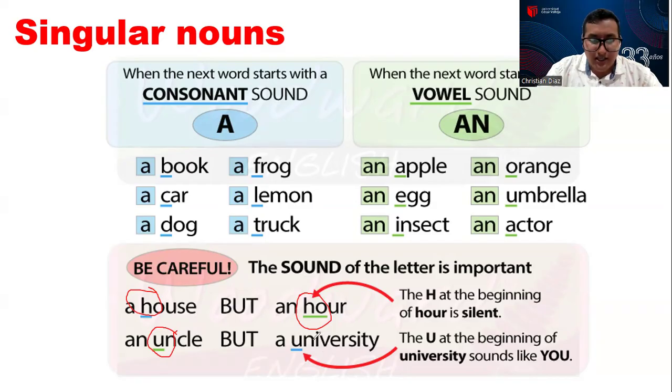But here, university, it has a consonant sound, y, u, right? Another example: nouns that start with u are very important to know. Umbrella, vowel sound, an umbrella.